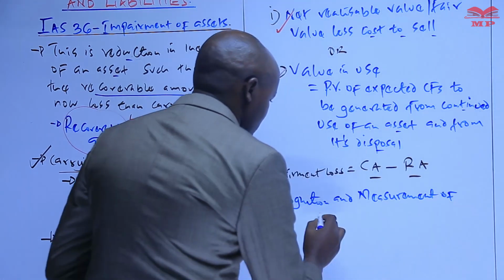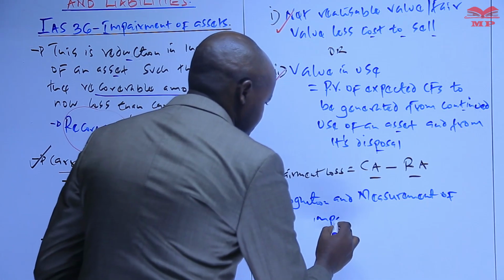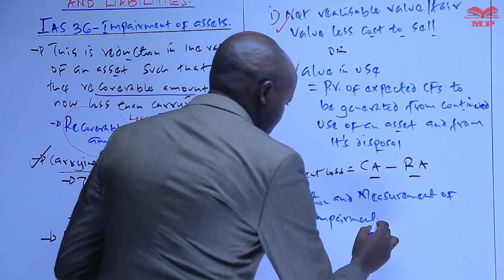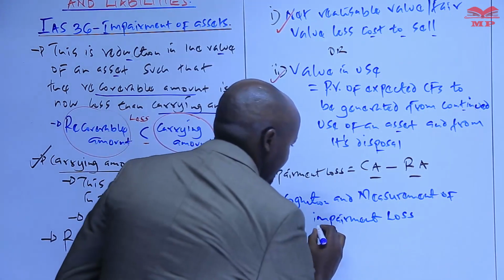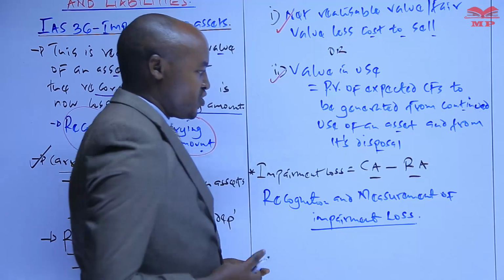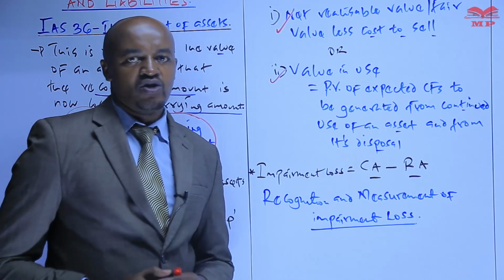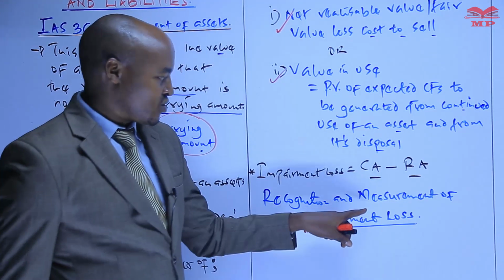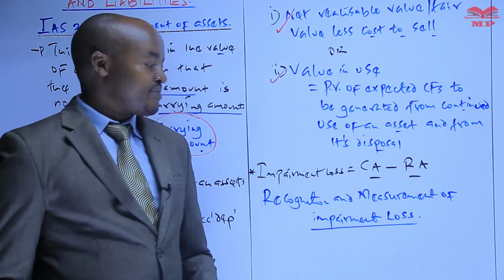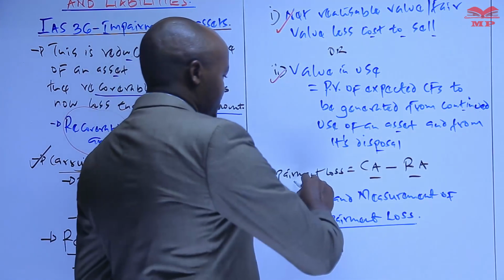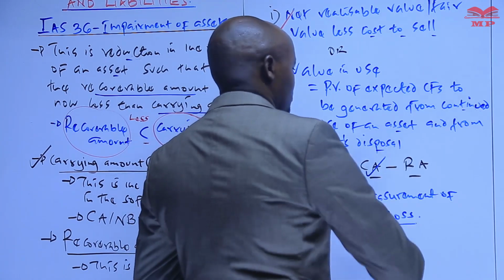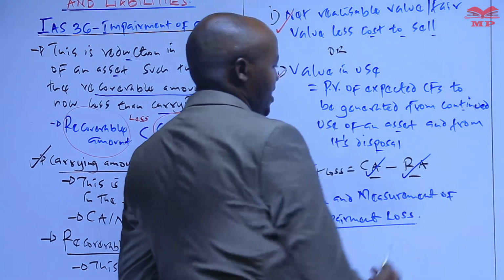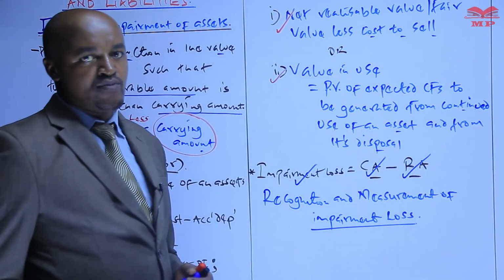First of all, we talk about the measurement. We are talking of how the impairment loss should be determined, and that is something we have mentioned here, that impairment loss is determined by taking the carrying amount minus the recoverable amount.